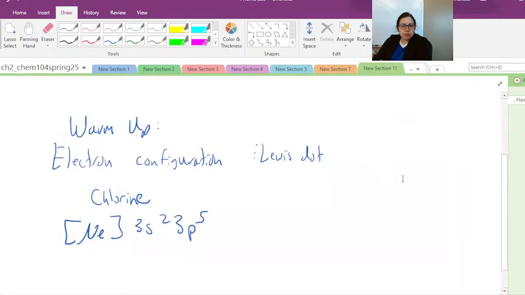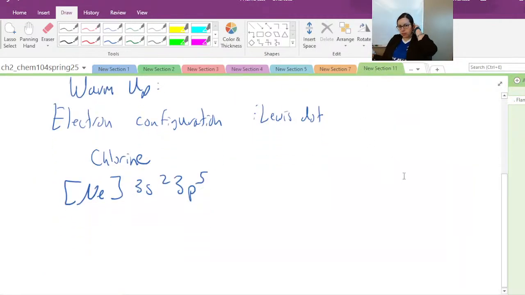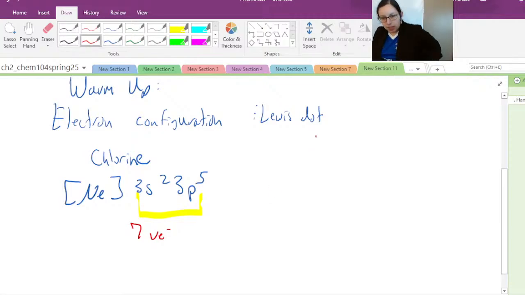And then let's draw. So what's its Lewis dot structure now? And maybe with that, how many valence electrons do we have in our electron configuration? So 7, so good. Okay, sounds like we remembered something, that's good. So we have 7 valence electrons.